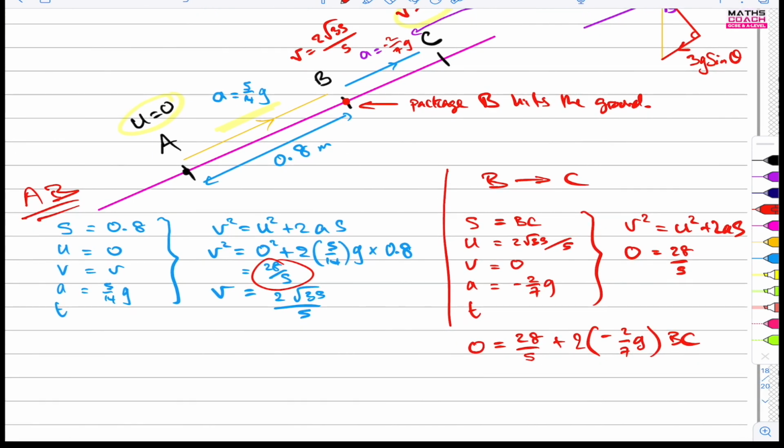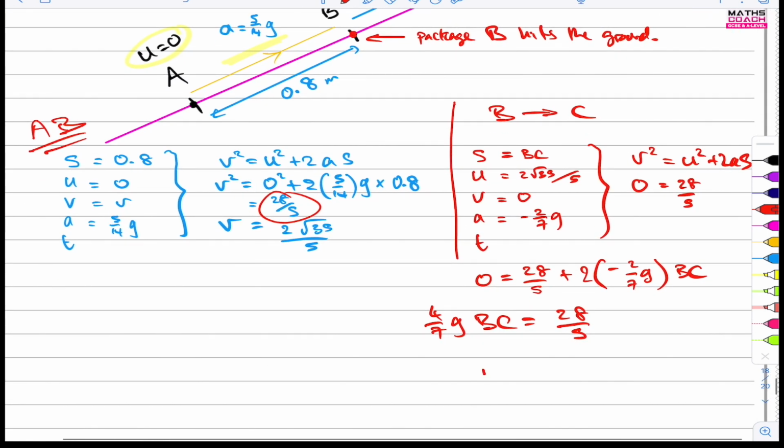So 4 over 7g times BC equals 28 over 5. So BC therefore would be 28 over 5 times 7 over 4g. Calculate what BC is. BC equals 1. There we go.